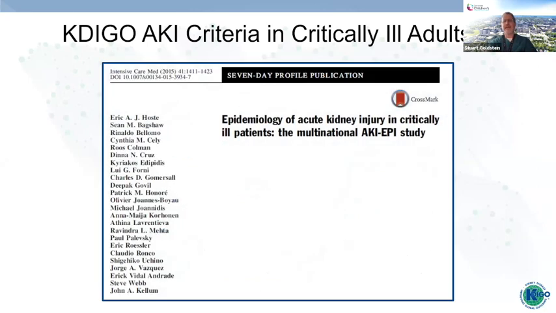So the AKI EPI study that was driven and headed by Eric Hoste was the first multinational effort to evaluate the KDIGO AKI criteria. And you can recognize many of the names in this Intensive Care Medicine paper as leaders in the field of acute kidney injury in adults.